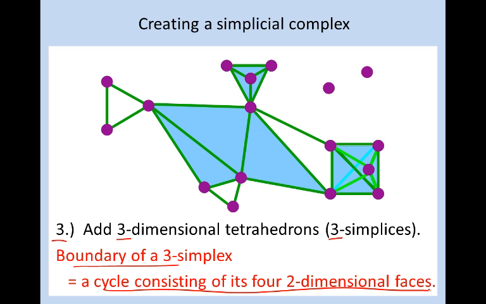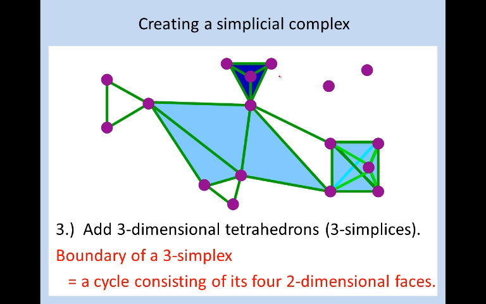Remember, we filled in the bottom face and the 3 side faces here, so we did have a tetrahedron here, so we can go ahead and fill in this tetrahedron to get a nice solid 3 simplex, a 3-dimensional solid tetrahedron. I can't fill this thing in, so this is not a tetrahedron.